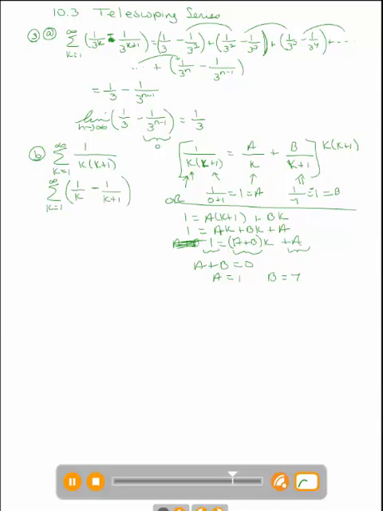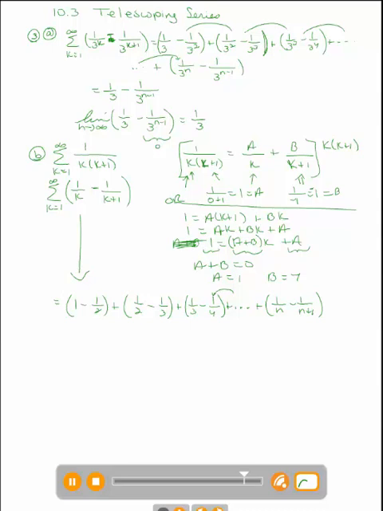So now let's list out terms. I'm going to come all the way down and lose that paper so you'll be able to see what's happening. If you stick in 1, you get 1 minus 1/2. If you stick in 2, you get 1/2 minus 1/3. If you stick in 3, 1/3 minus 1/4, plus all the way out to the nth term, which would be 1 over n minus 1 over n plus 1.